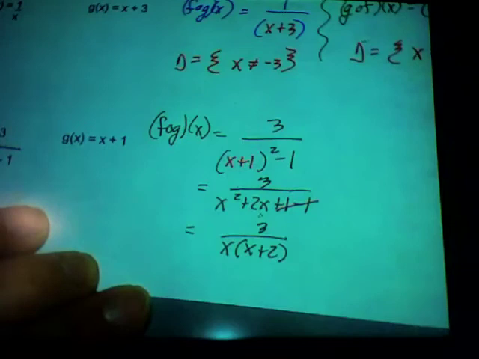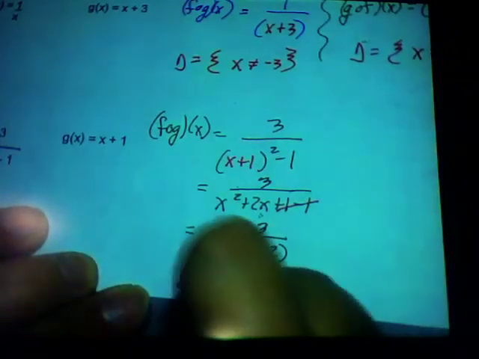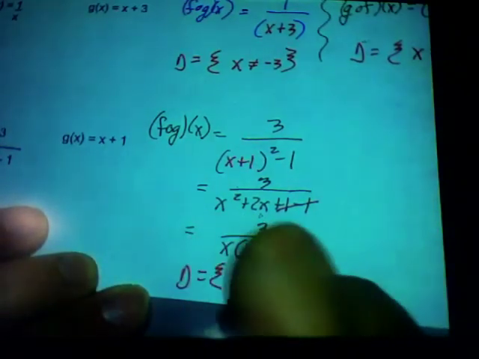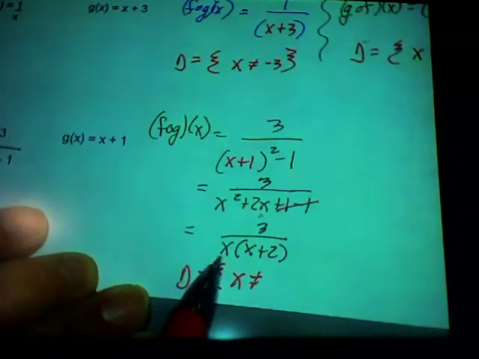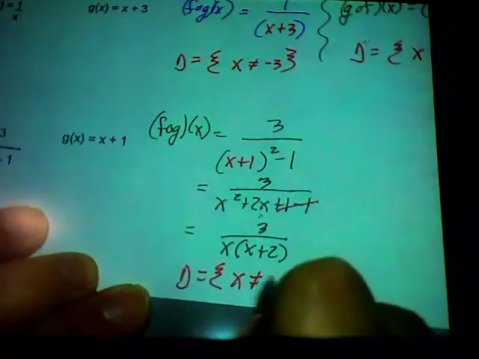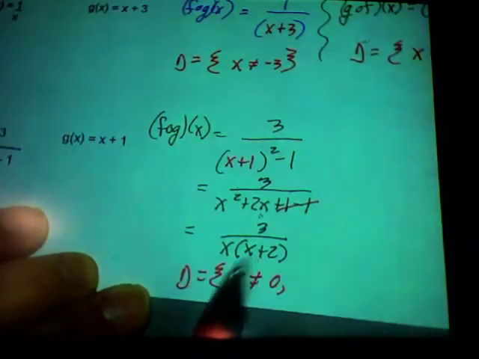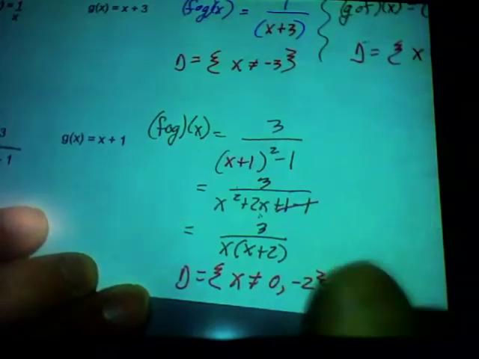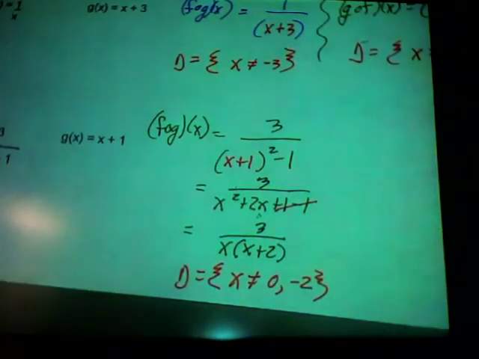So for here, my domain has 2 different restrictions. X cannot equal what here? 0. And what here? -2. And we're setting those not equal to 0 and solving for them, right? Now if you were to do interval notation, you'd have to put the -2 first.